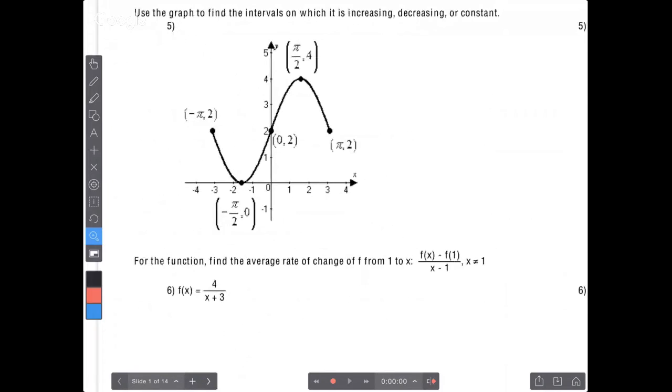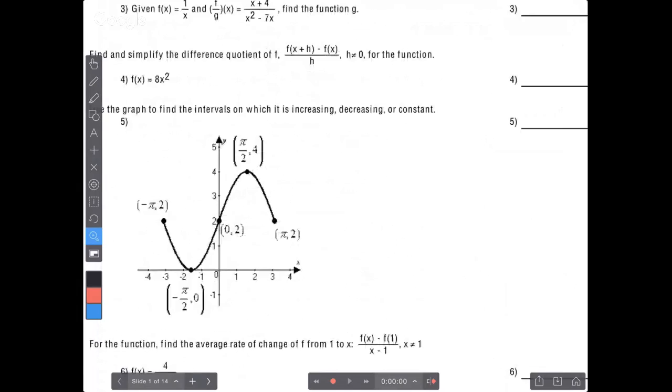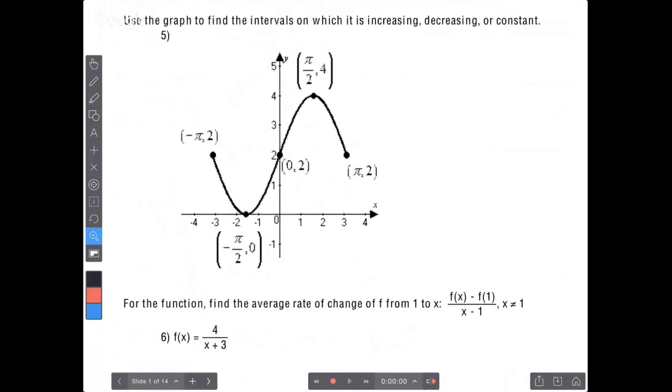5. Use the graph to find the intervals on which the function is increasing, decreasing, or constant. Okay, well, I can start and see that the graph is never constant. That was easy. Now I need to know, where is it increasing and where is it decreasing? Okay, so I'm going to say it's increasing.